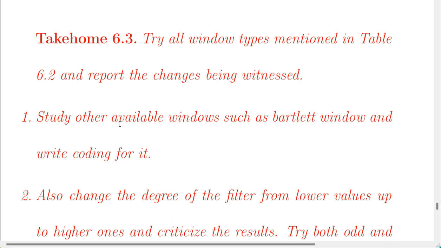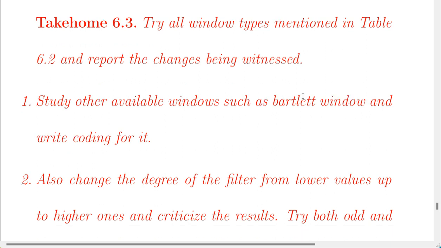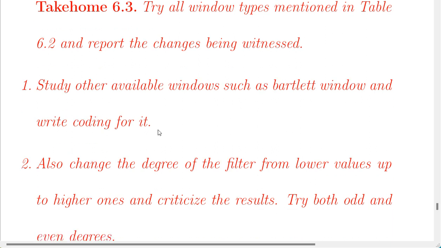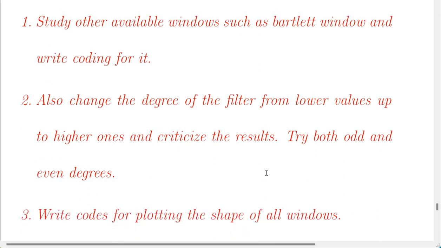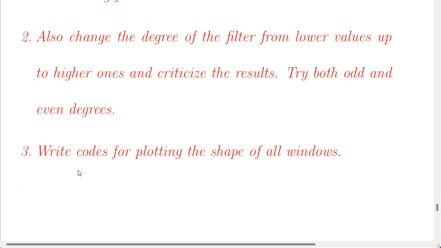Study other available windows such as Bartlett window and write coding for it. We haven't mentioned Bartlett, and we have left it for self-study. Also, change the degree of the filter from lower values up to higher ones and criticize the results. Try both odd and even degrees.